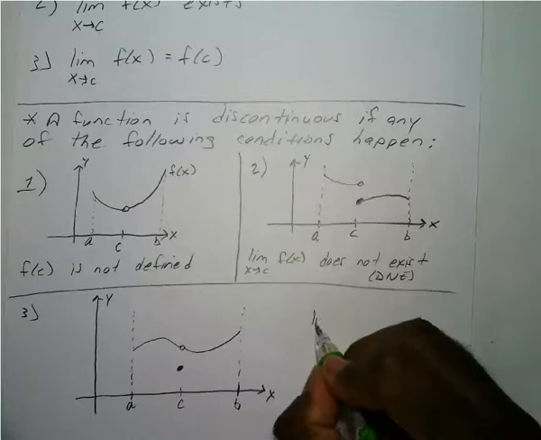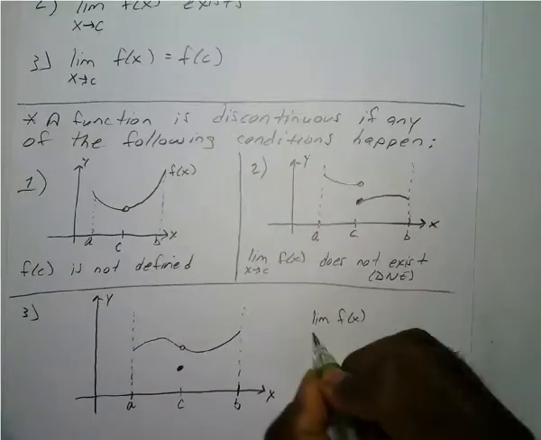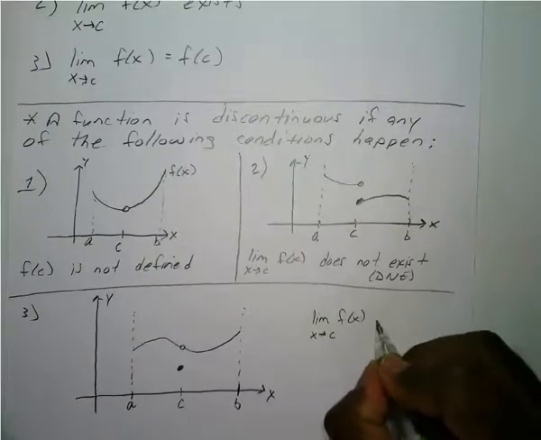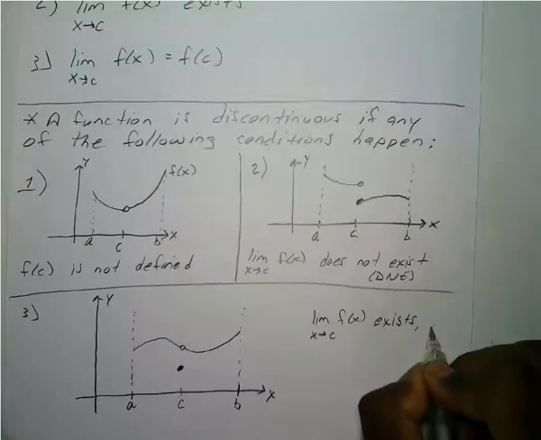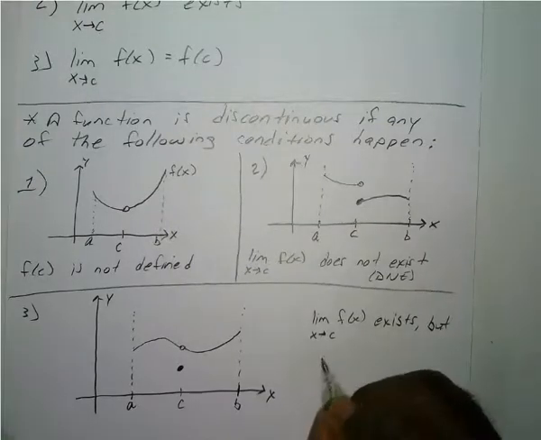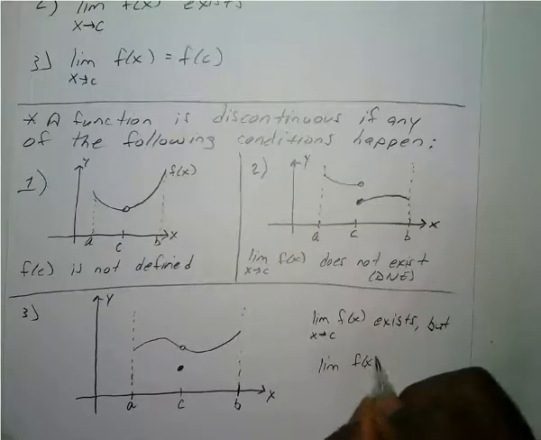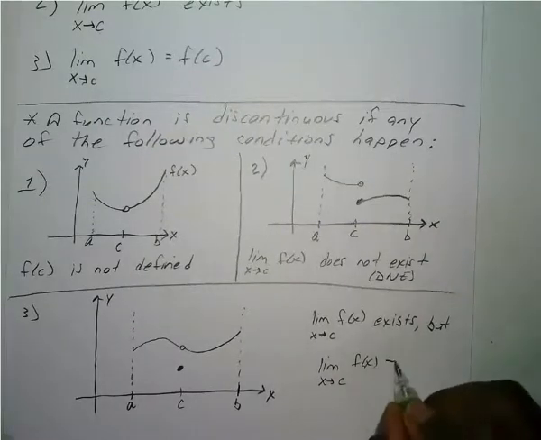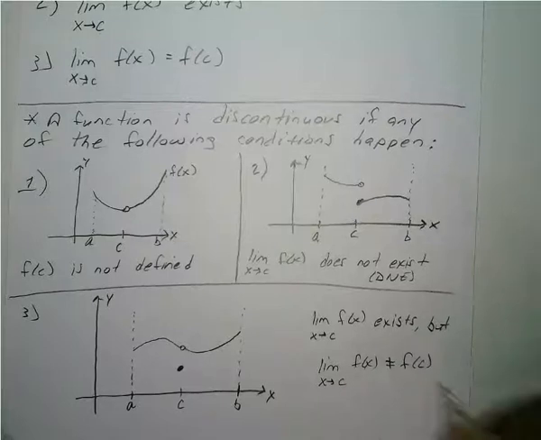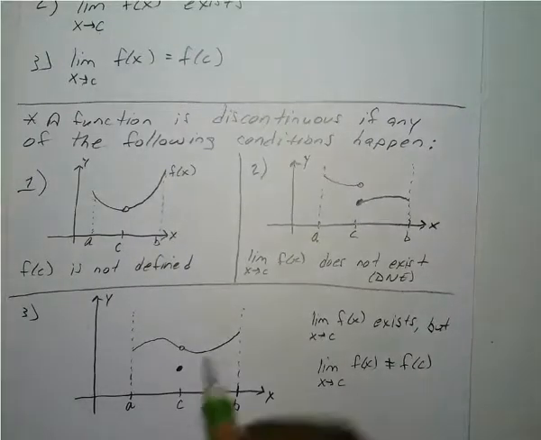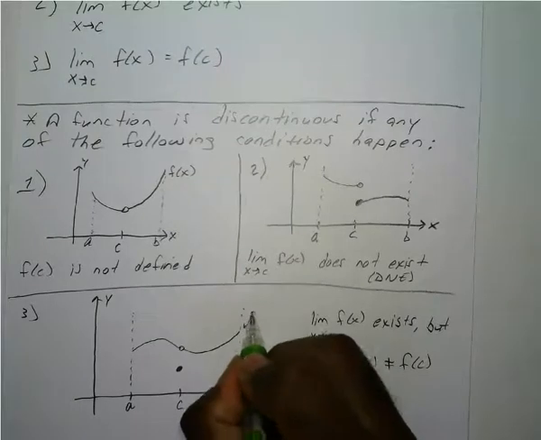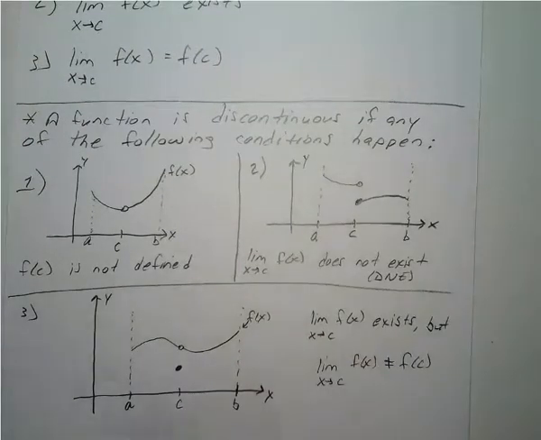So we see here that the limit of f of x as x approaches C exists, but the limit of f of x as x approaches C does not equal f of C. Because if this is our f of x, if you plug in C, your f of C would have to be on that graph, but your f of C is a different value. So the limit of f of x does not equal f of C.